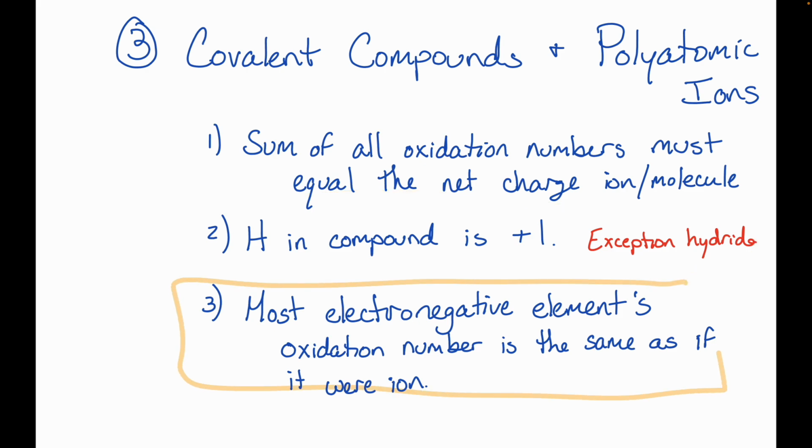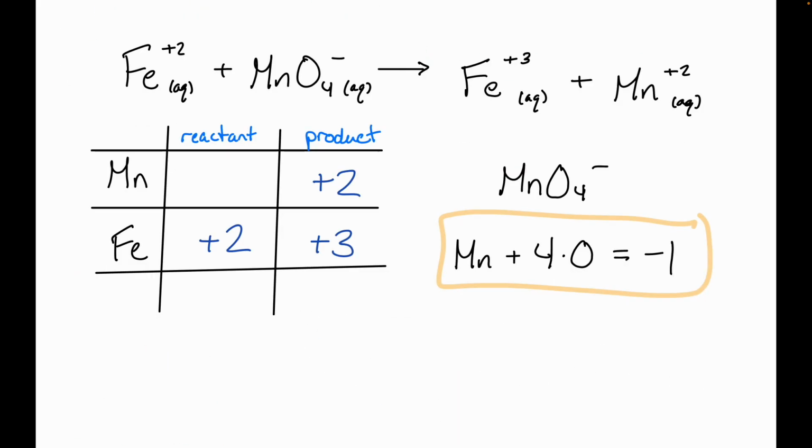So now we need to go to the next one, which is that the most electronegative element is going to have the oxidation number that's the same as the charge. Going back to my example, I want to try to assign oxygen or manganese. Which one can I assign based on that electronegativity rule? Oxygen, our second most electronegative.